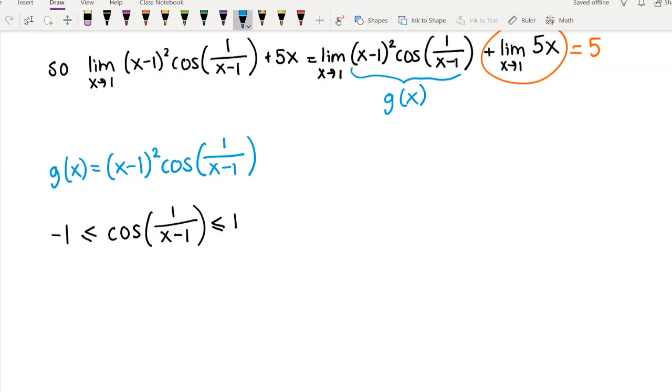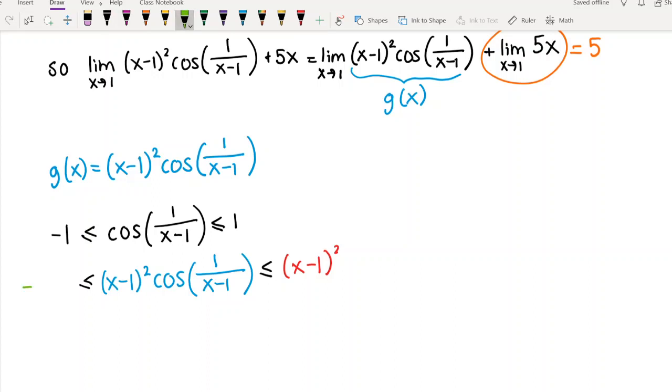So in the middle, we'll have x minus 1 squared times cosine of 1 over x minus 1. And that was our goal. On the right-hand side, we'll end up with x minus 1 squared because we're just multiplying 1 with x minus 1 squared. And on the left-hand side, we'll have negative x minus 1 squared.